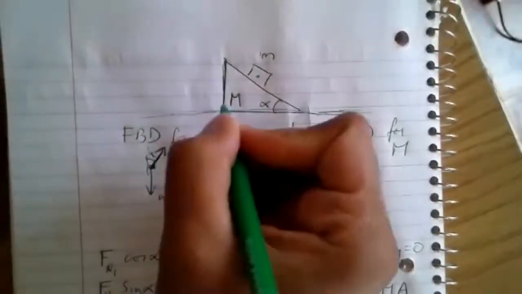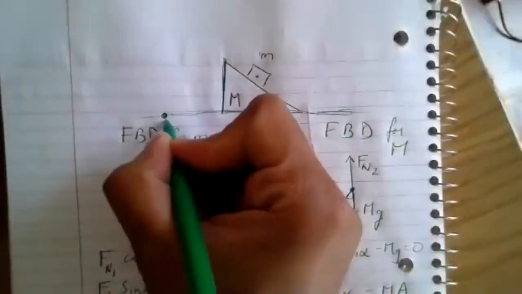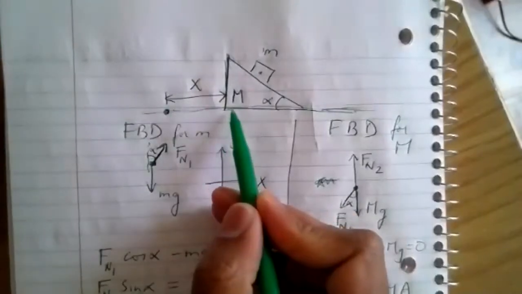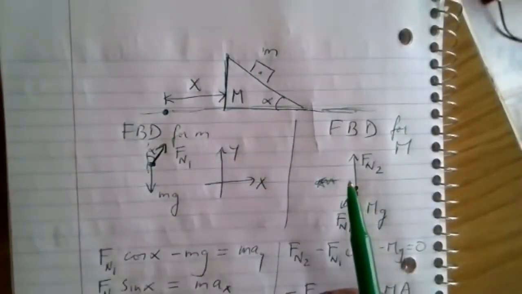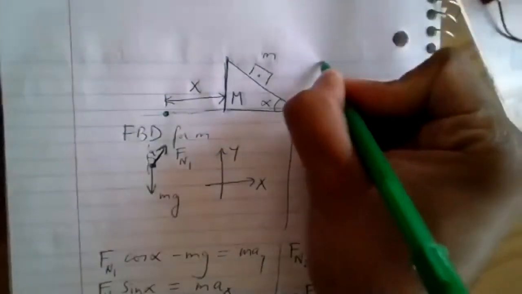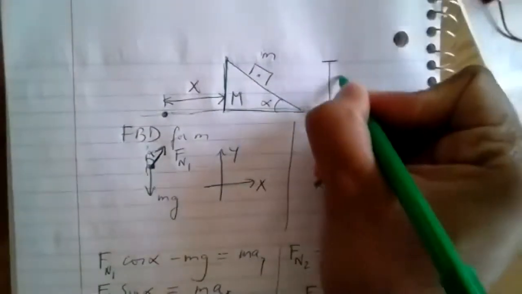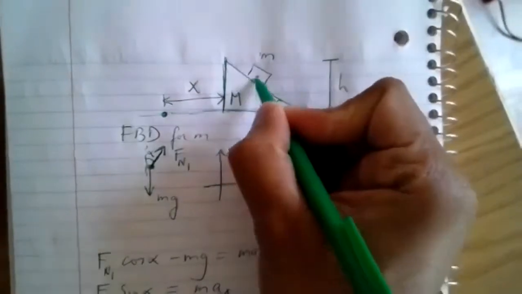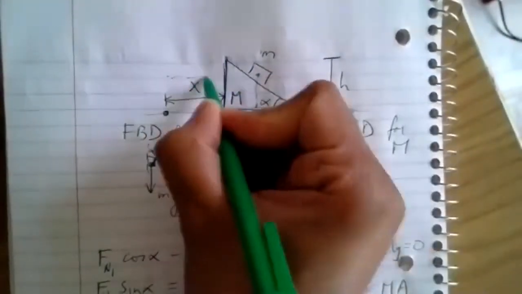Let's say our origin is over here, and let's call this distance capital X, up to the edge of the wedge. Let's call the height of the wedge h. And we need to talk about the position of the block.